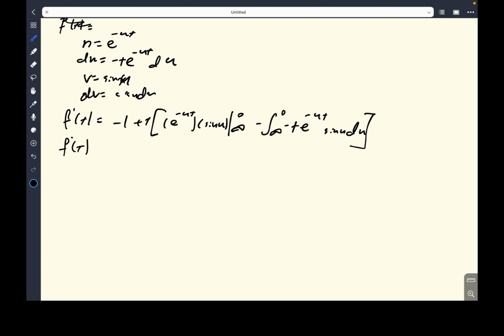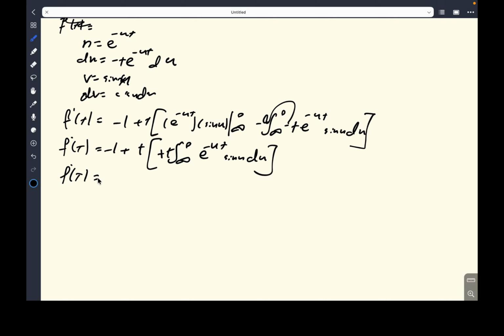Now the boundary term again is going to be 0, because sine of 0 is 0 and e to the negative infinity is again 0. So it's going to be negative 1 plus t times negative, so this thing here becomes a positive integral from infinity to 0 of e to the negative ut sine u du. My f prime of t thus is negative 1 plus t squared times the integral from infinity to 0 of e to the negative ut sine u du.